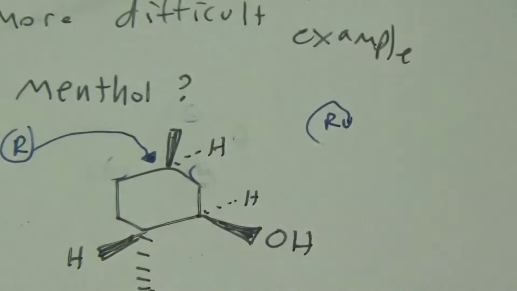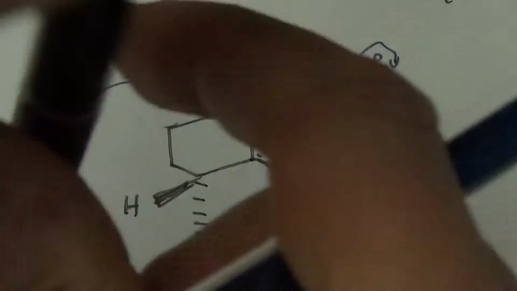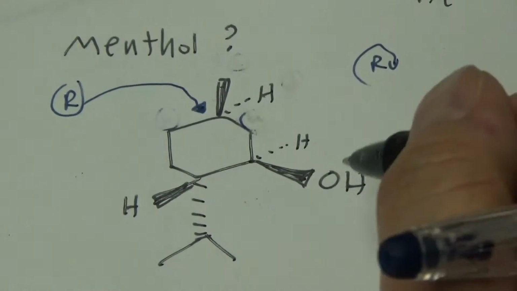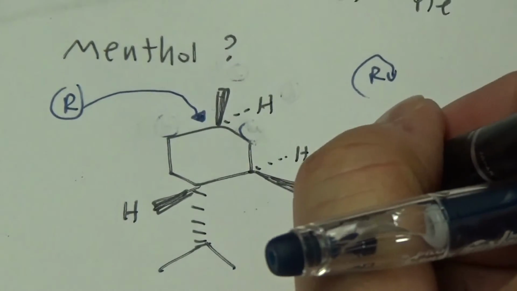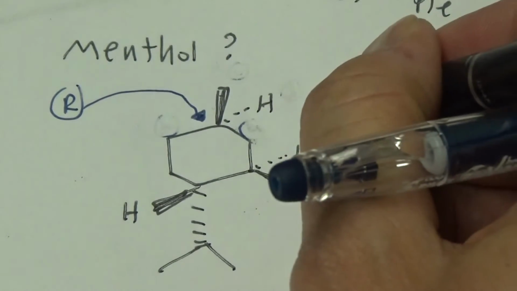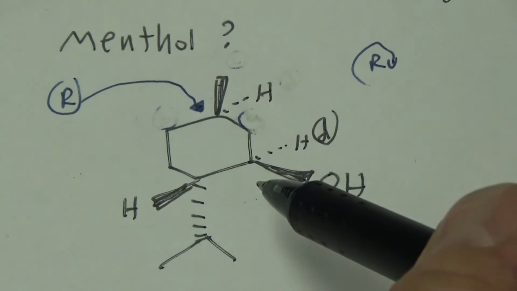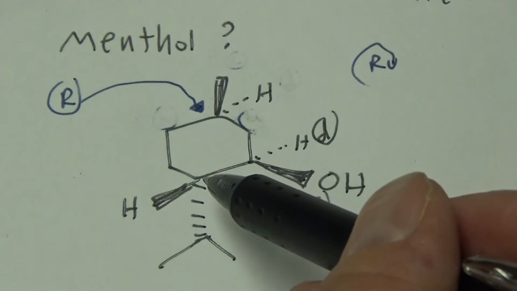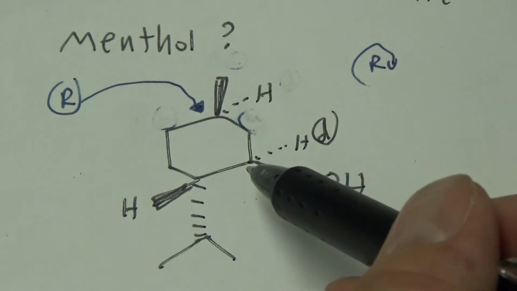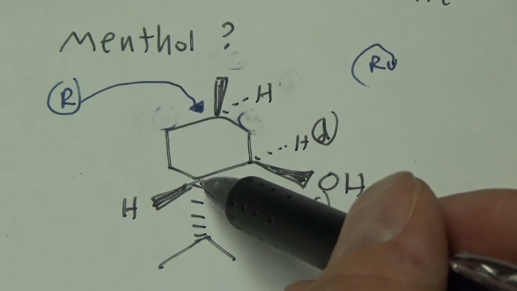What about the hydroxy one, the alcohol? Okay, so here's A, B, C, and D. Oxygen's A, that's easy. This is D. And now I have to walk away till the first point of difference. Who's B and C? Well, that's a carbon with 2 carbons on it.